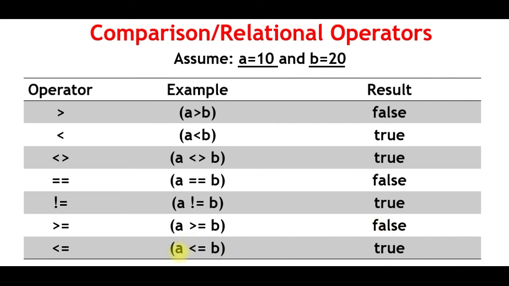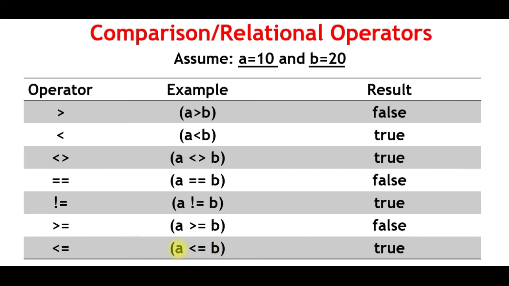Next is A is less than or equal to B? Is 10 less than or equal to 20? When one of these two operators is true, the answer is always true. So, let's evaluate. Let's take the less than first, okay? Is 10 less than 20?